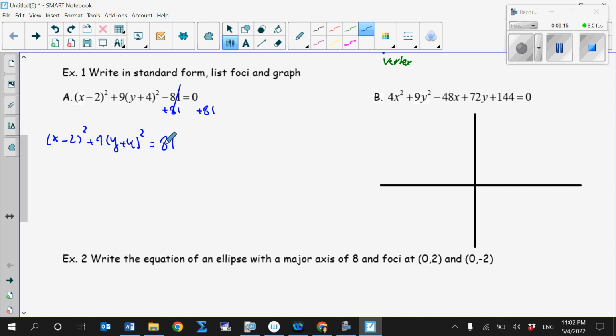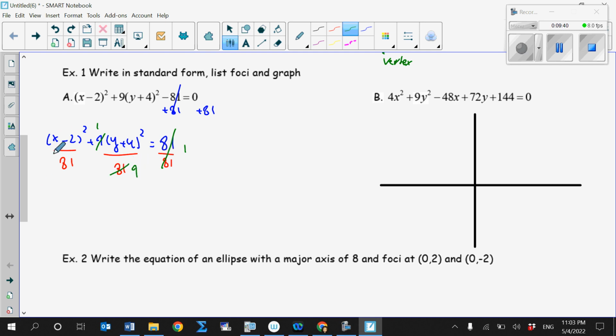Okay, now we need to have a 1 on the right side. How do I get rid of this 81? I need to divide it by 81. And if I do something to one side of the equation, I have to do that to the other side as well. Okay, so these two cancel. It's equal to 1. Now 9 divided by 9 is 1. 81 divided by 9 is 9.